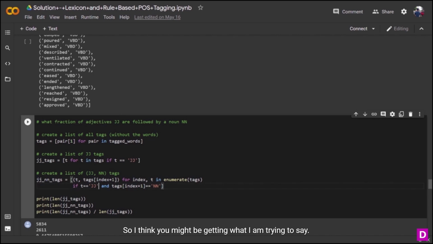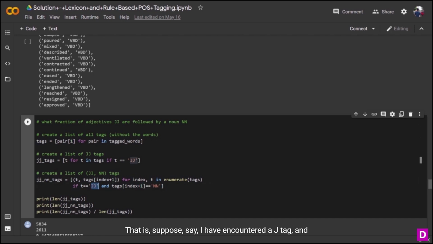I think you might be getting what I am trying to say. As I enumerated over here, the JJ will be associated with a certain index, right? So this tags of index plus 1. What I am trying to refer to here is that I am checking the index of the JJ plus 1.